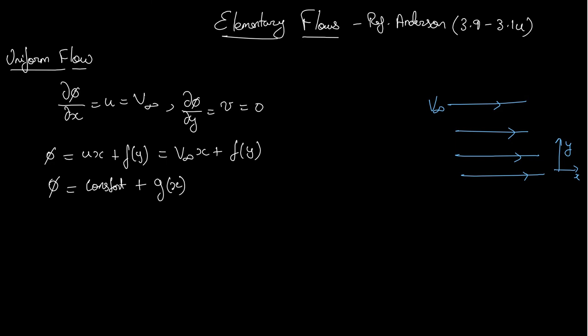And since phi is only a function of x, but we have the same phi as v infinity x plus f of y, we can say that f of y is a constant, because phi should be only a function of x. So from these two equations I can write that phi is v infinity x plus some constant.